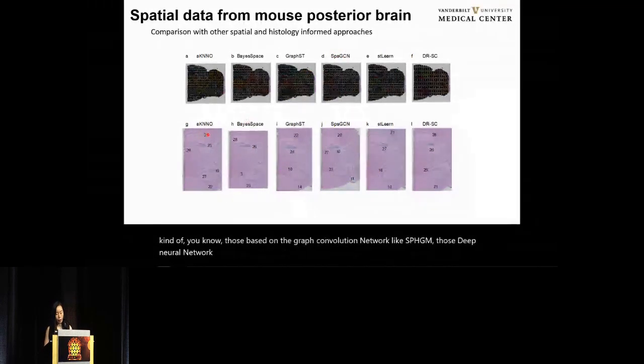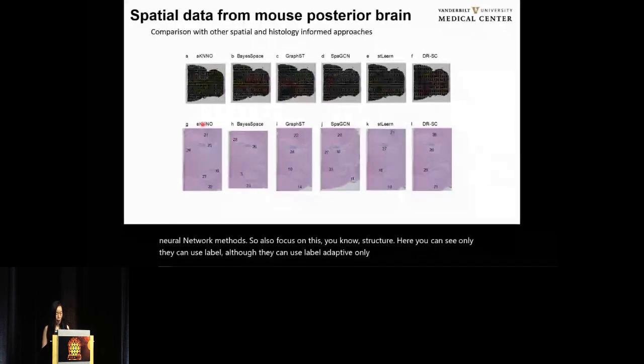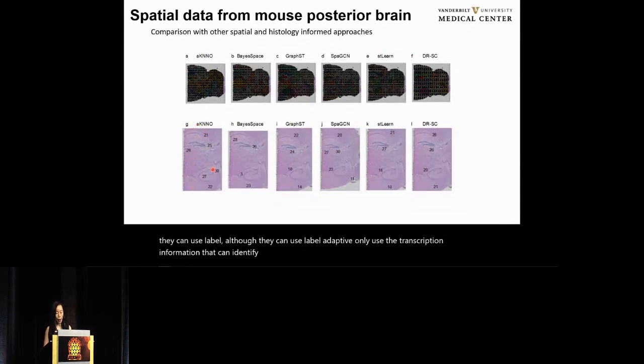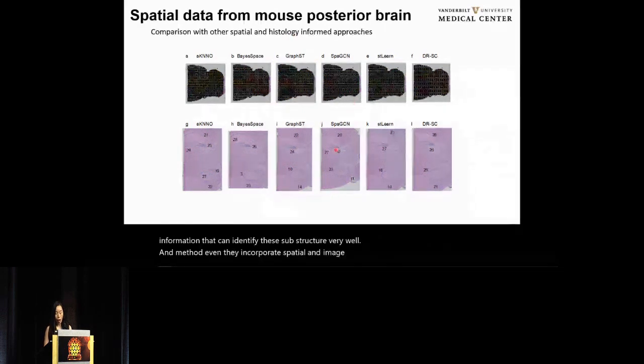So also focus on this structure here. You can see only the adaptive k-nearest label, although it only uses the transcription information, can identify this substructure very well. Other methods, even though they incorporate the spatial and image information, do not identify those substructures accurately.